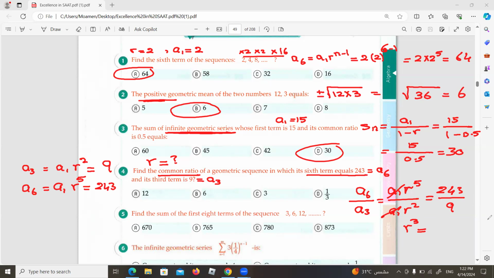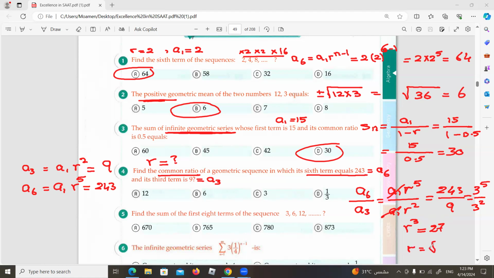243 divided by 9 is equal to 27, because you have 3 power 5 over 3 power 2. If you remember from the laws of exponents, this is 3 power 5 and this is 3 power 2. If you subtract, it will be 3 power 3, which means 27. Under the cube root, it will be 3.